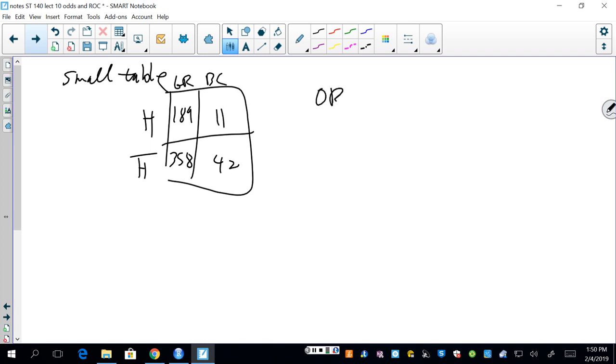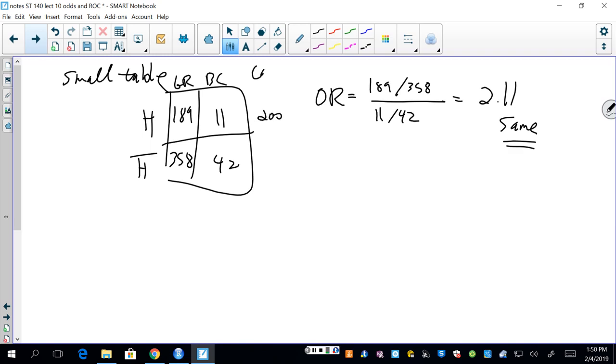The odds here would be 189 over 358 for the golden retrievers. For the border collies, it's 11 over 42, and that ends up being 2.11. It's the same. So even though this was designed as a case control study, you can still estimate the odds ratio. And it still is representative of the population. Things are the same, right?